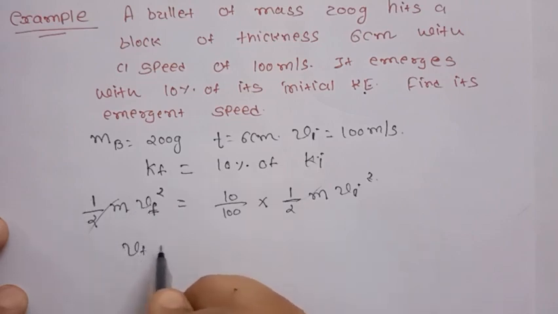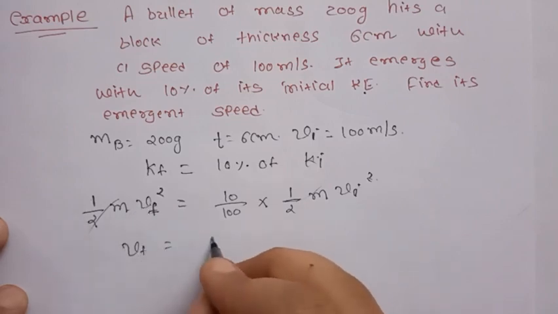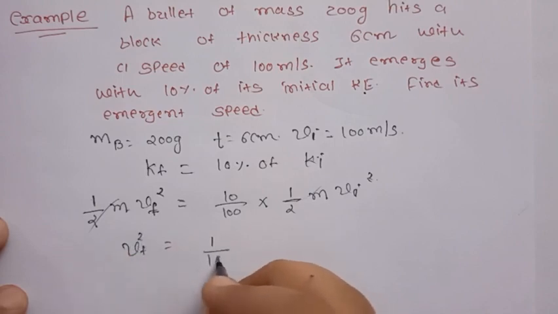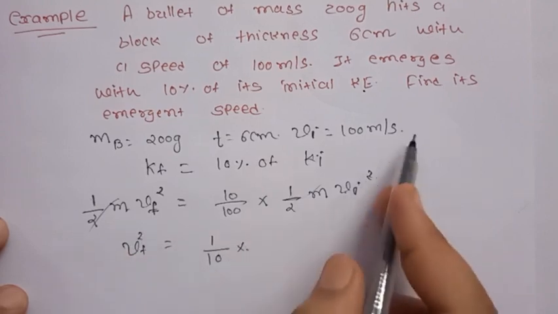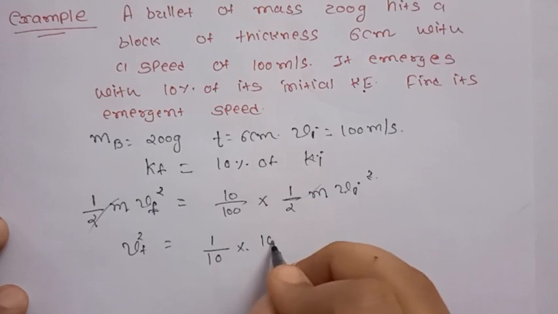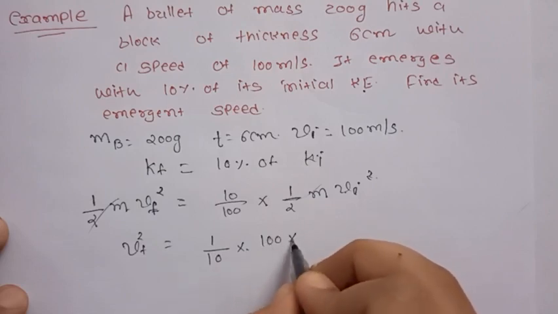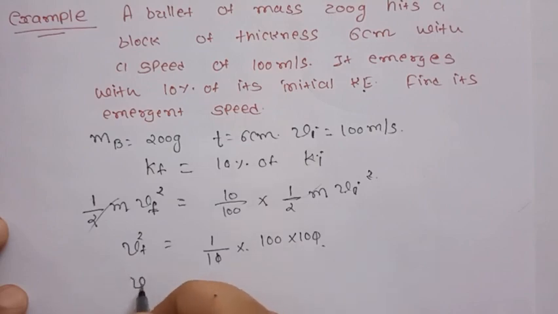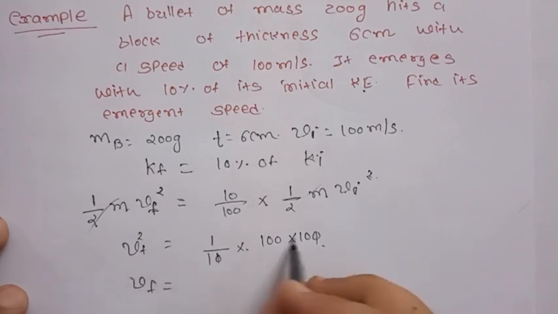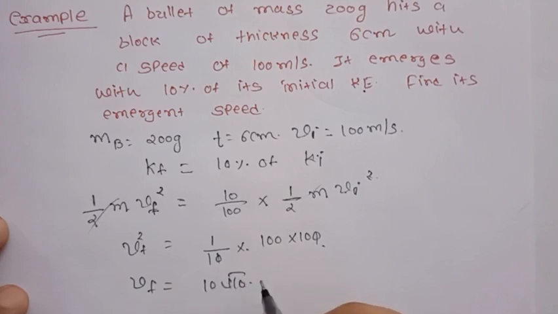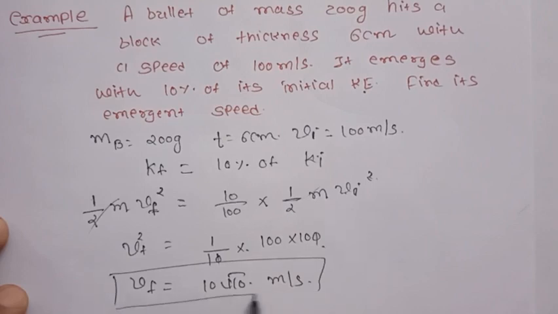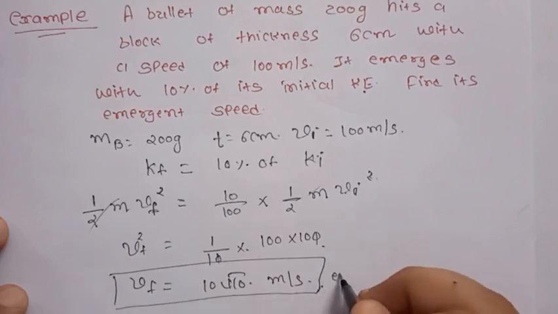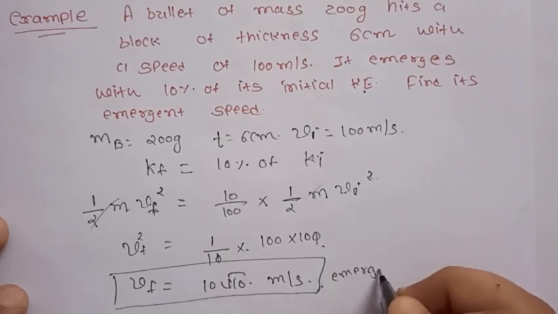So Vf square will be equal to 1 by 10 into Vi square, that is equal to 100 into 100. So the final velocity, taking the square root on both sides, will be 10 root 10 meter per second. So this is the emergent speed.